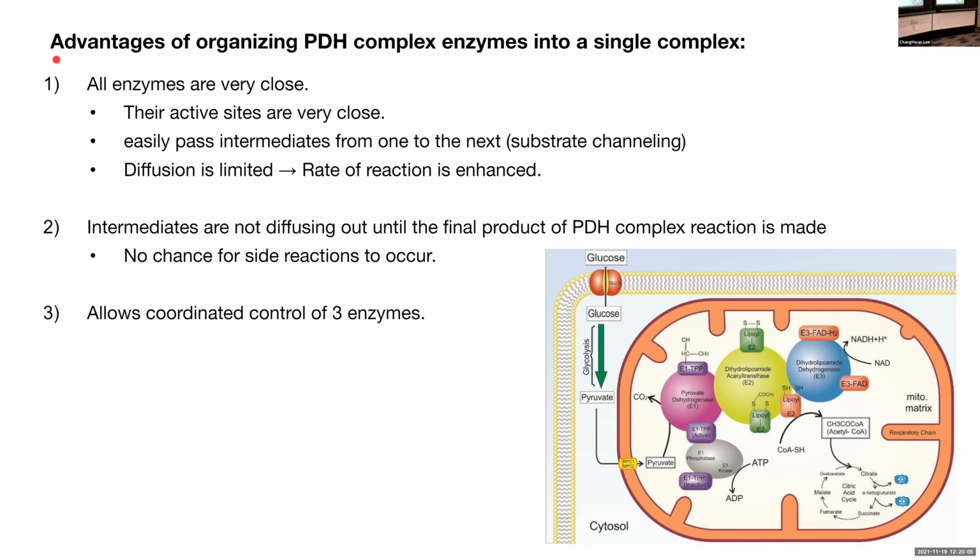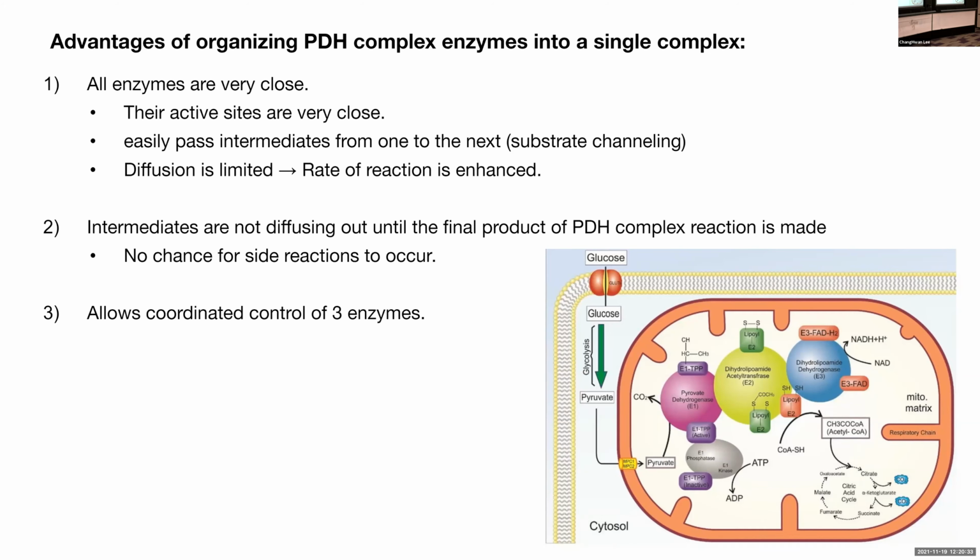So here are the advantages of organizing this PDH complex, again, pyruvate dehydrogenase complex enzymes, into a single complex. We talked about making enzyme complexes and how they can be organized, like totally soluble, or making some kind of complex, or some kind of conveyor belt, or bound to the membrane and so on. There are different organization methods, right?